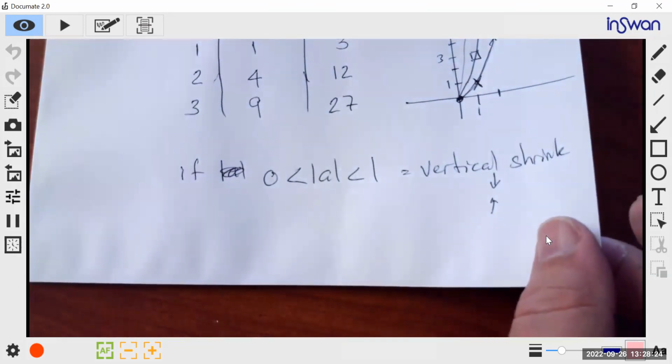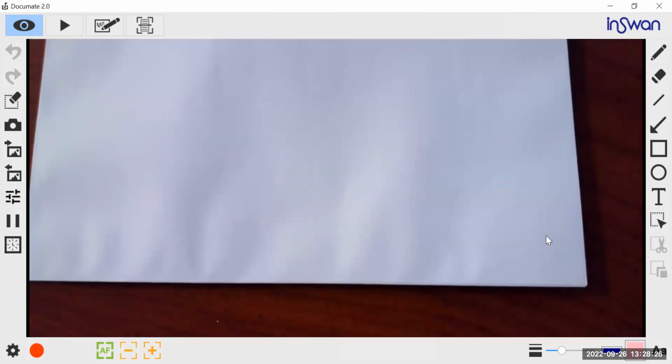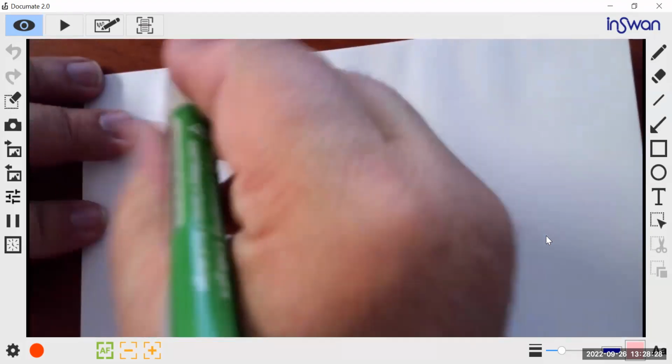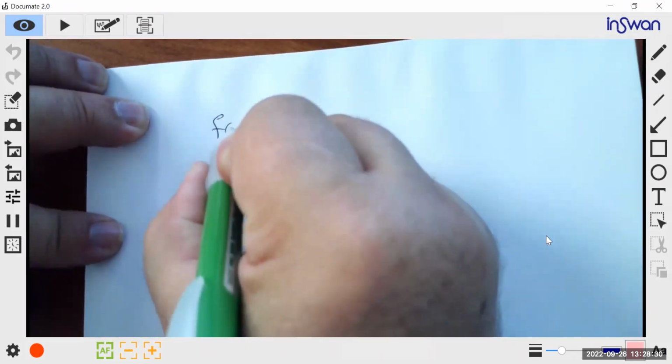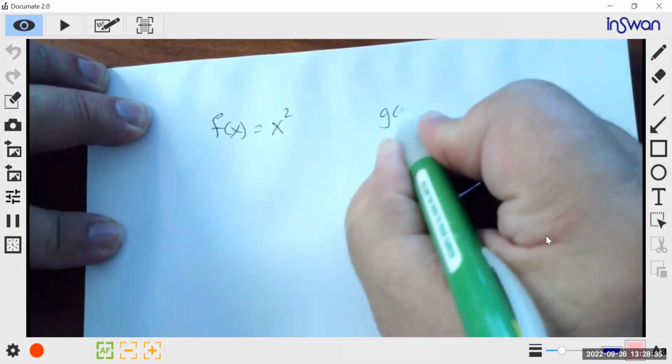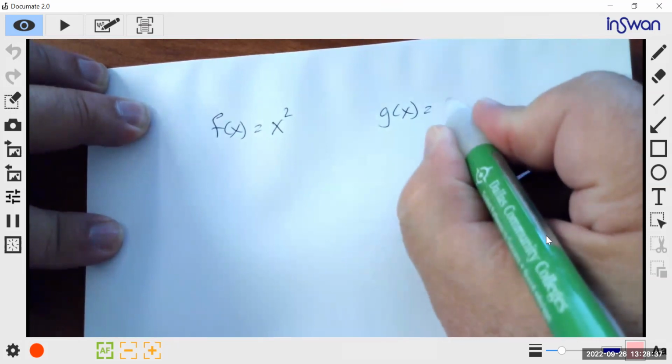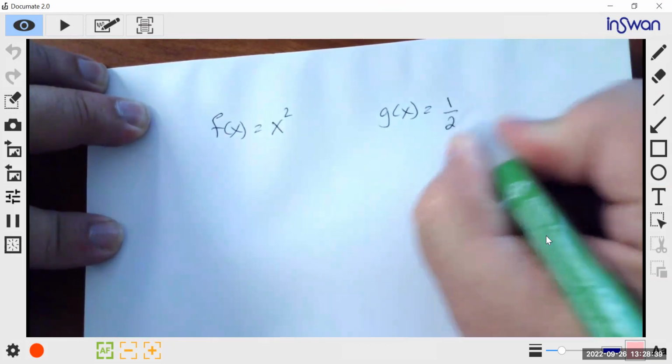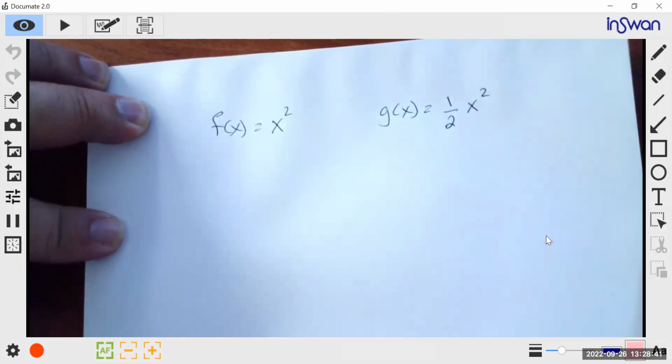Let's use similar functions here. f of x is x squared. g of x is 1/2 x squared.